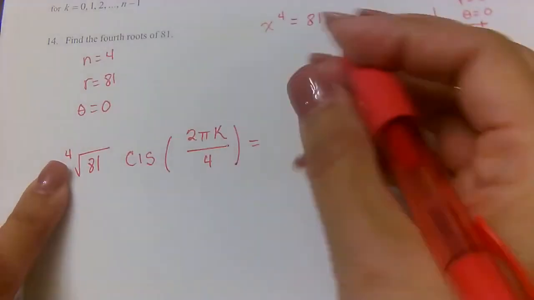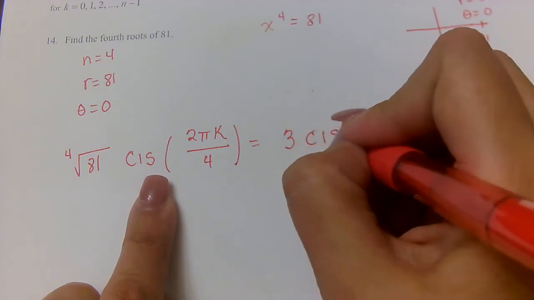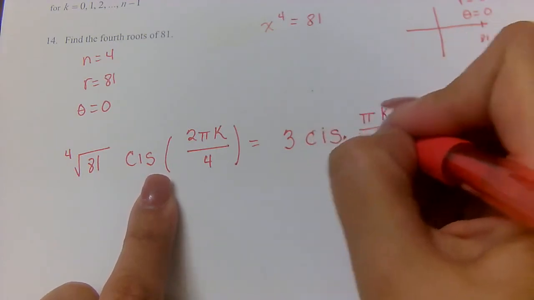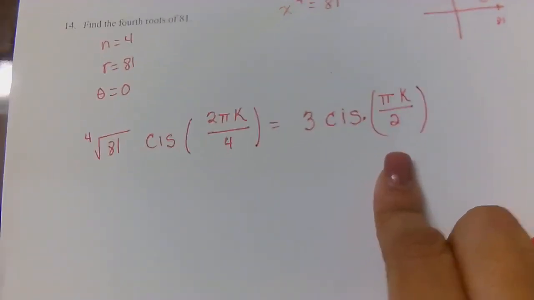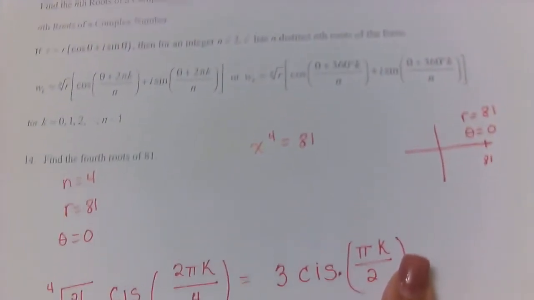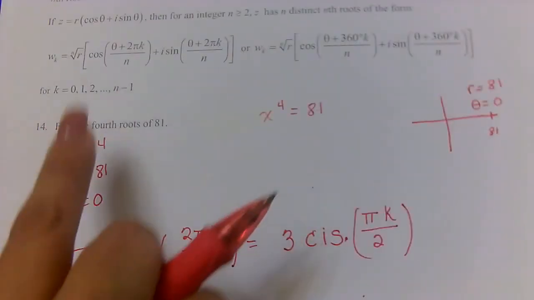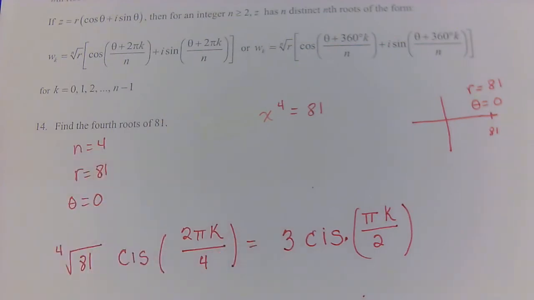The fourth root of 81 is going to be 3, so I'm going to use 3 CIS pi k divided by 2. I just simplified it. Now for k, if you look at the formula, k will start at 0 and go all the way to n minus 1. So if n is 4, we're going to go 0, 1, 2, and 3.